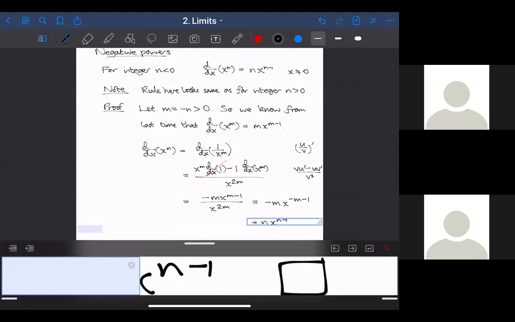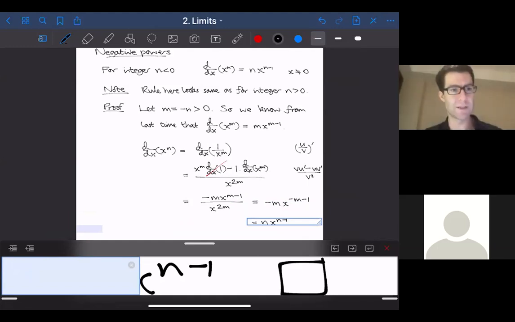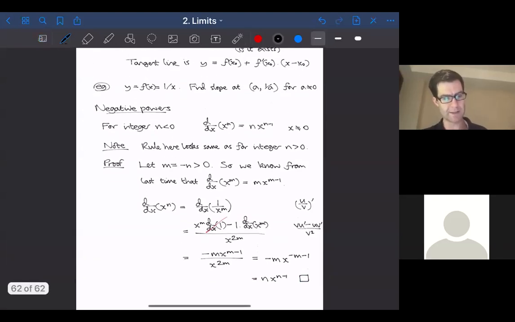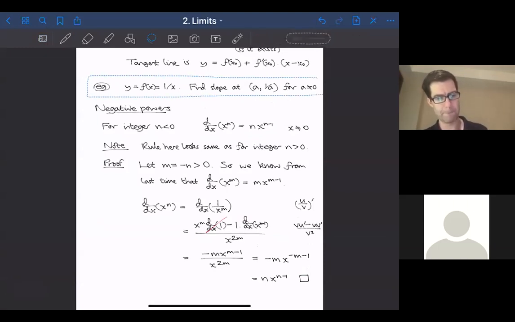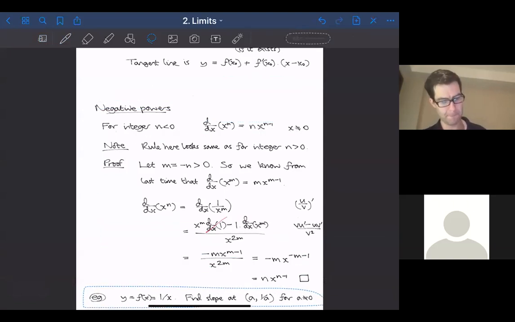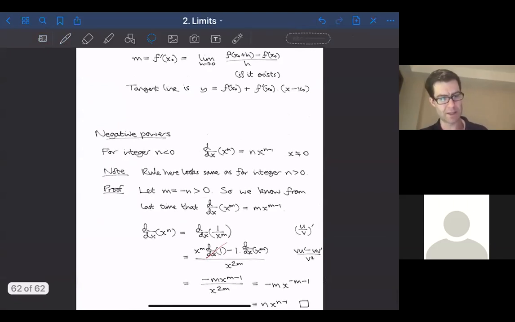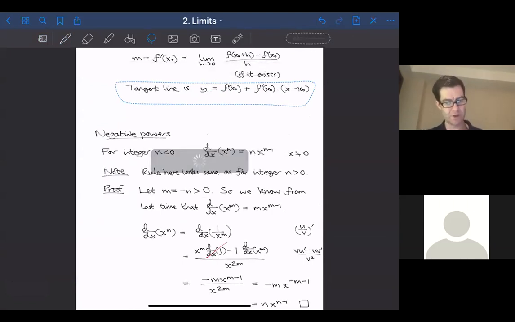Okay, so that completes the proof of this derivative rule for a negative power. And now let's go back to this example, which was interrupted. Okay, and let's copy this equation of the tangent line, so we can use that.